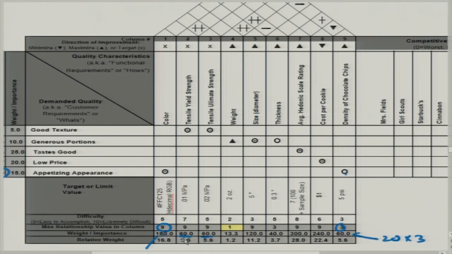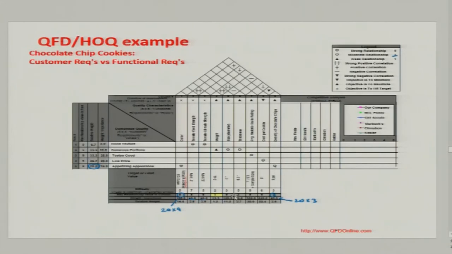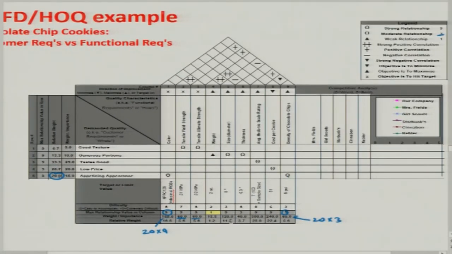The 5.6 is 60 by the sum of the second last row, that is the absolute weight or importance value row. So this is the way we have got the absolute and relative weight. Now, this is almost complete. Our target is to get this weight. Where will you use this weight? I will just let you know.